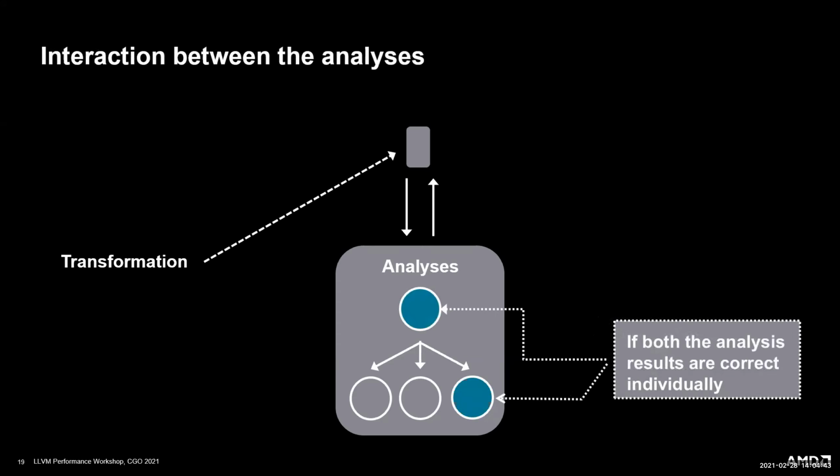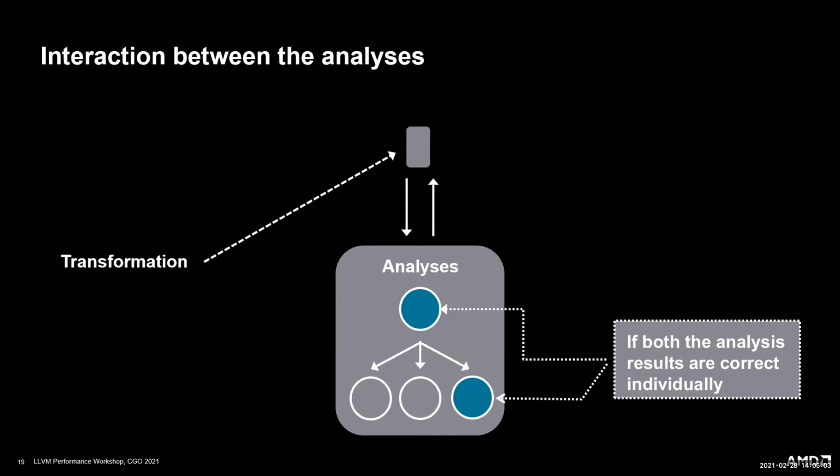Now, let's assume a scenario where we have 2 analyses and both of them are correct individually. Both of them are doing what they should be doing. Both of them look just right. If you see them separately, you say, yeah, this should be okay.